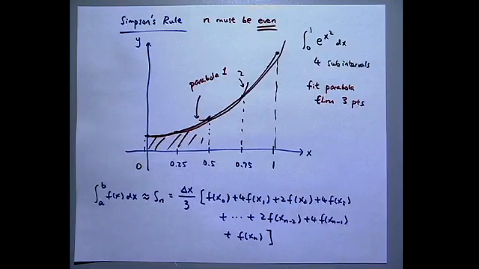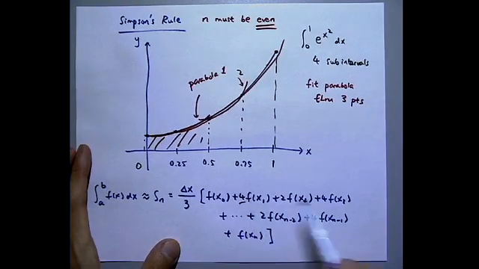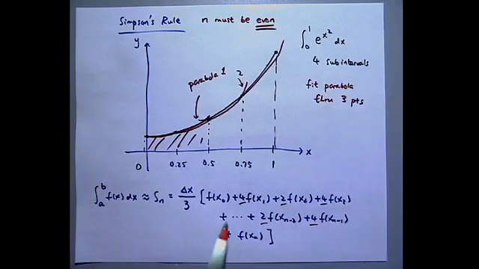And just like in the case with the trapezoidal rule, the coefficients of these terms change. The first one and last one always get 1. But then they alternate 4, 2, 4, 2, 4 until you reach the last one.